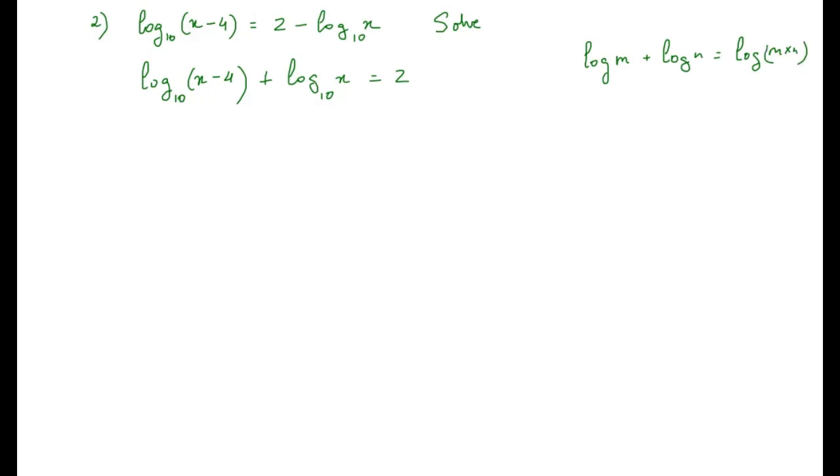So log of x minus 4 into x, all of it base 10, is equal to 2. So we have a single log on one side and a constant on the other side. In order to get the x value out of the log, you have to convert it to an exponential equation.